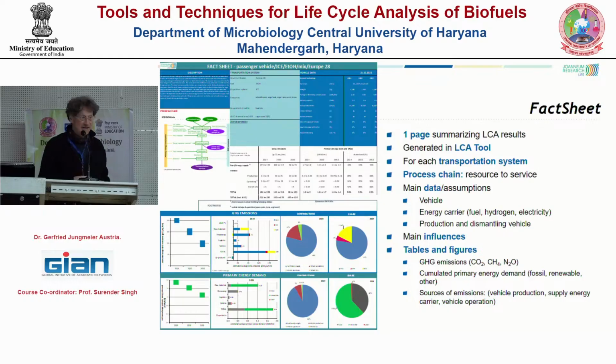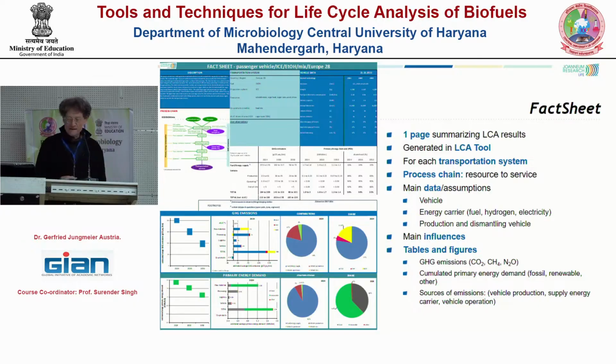Here you see a fact sheet of biofuels, and we will go through it in the coming slides. The idea is that on this one pager, you find the key information you need to understand what the framework condition is, what is considered, and what the result is.